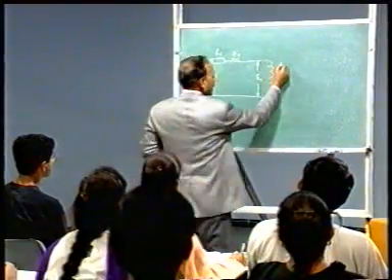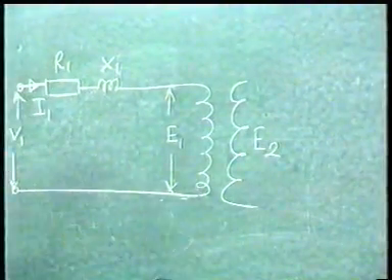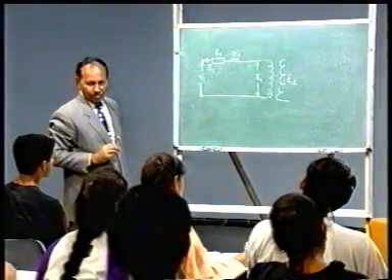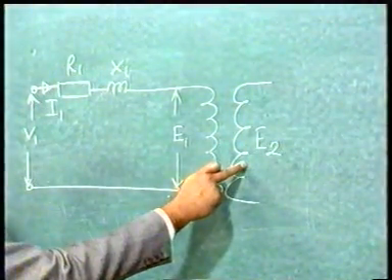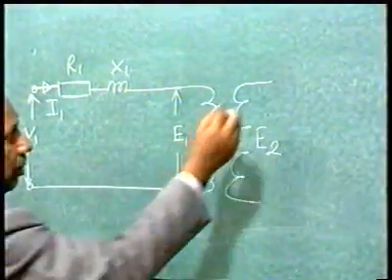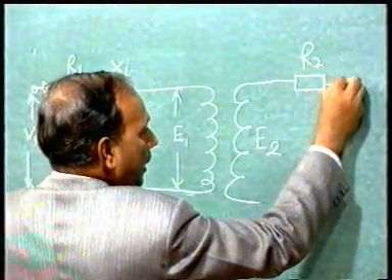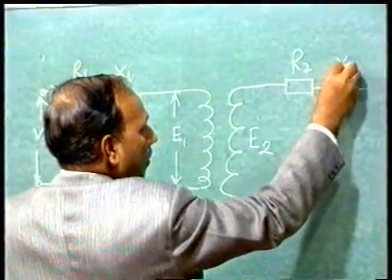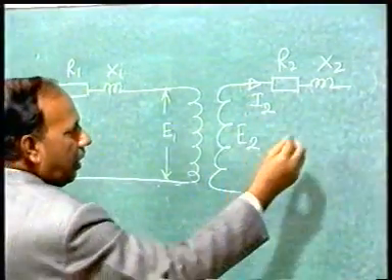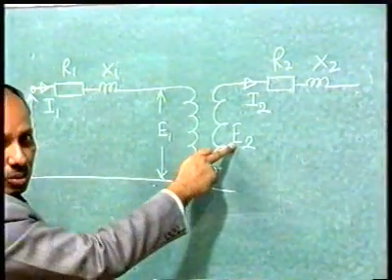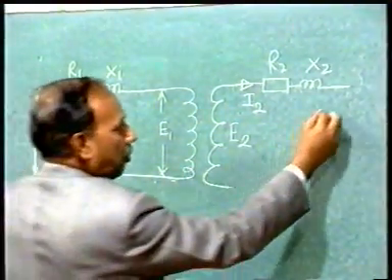On the secondary side, EMF induced is E2. We can show this E2. And the resistance and reactance of the secondary we take out. So we show resistance R2 and reactance X2, through which a current I2 flows, and E2 minus I2R2 minus jI2X2 is equal to V2.